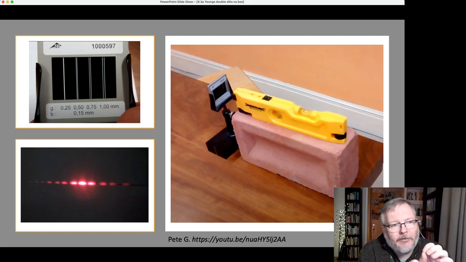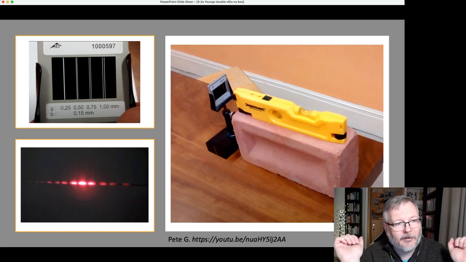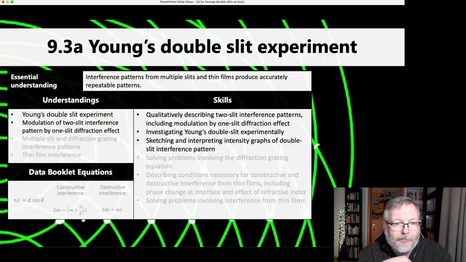And those slides, you can see the slide on the left hand side, that's standard school lab equipment, and they have 4 examples of slits, all of which have a width of 0.15 millimeters and have separations of 0.25, 0.50, 0.75 and 1 millimeter. And that's the kind of pattern you would expect to see. Bottom left, again, the envelope, so to speak, is provided by the single slit diffraction, and then within it you have the double slit interference pattern.